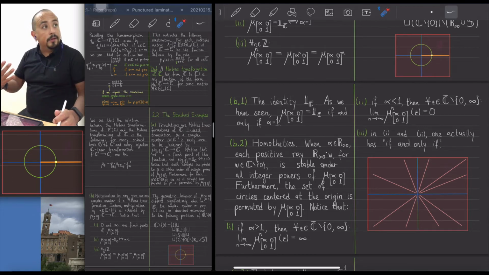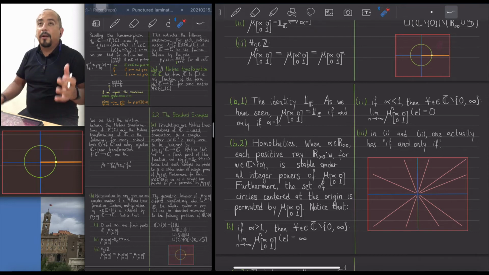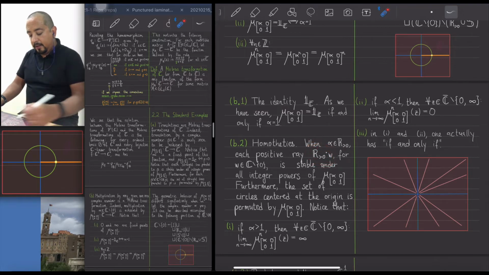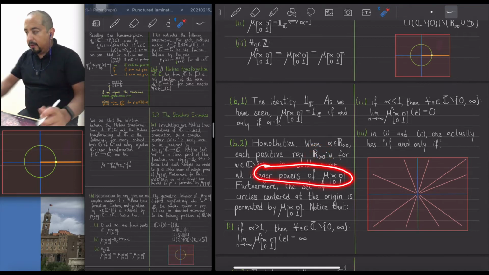Okay, it's clear that when one asks about a family of curves that covers C bar minus the fixed points, all of them disjoint, but each one of them stable under multiplication by alpha, well, the positive rays, right? I mean the positive real multiples of any given non-zero complex number. Each one of these curves is stable under all integer powers of multiplying by alpha.